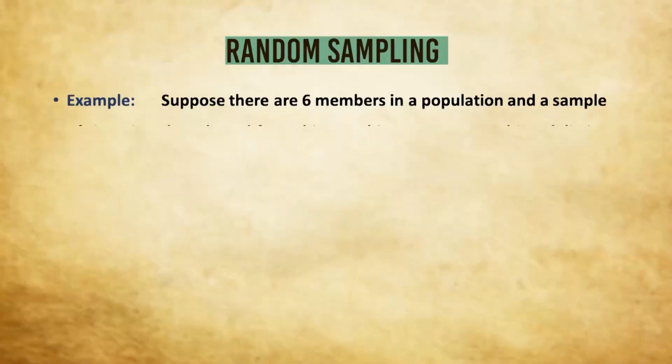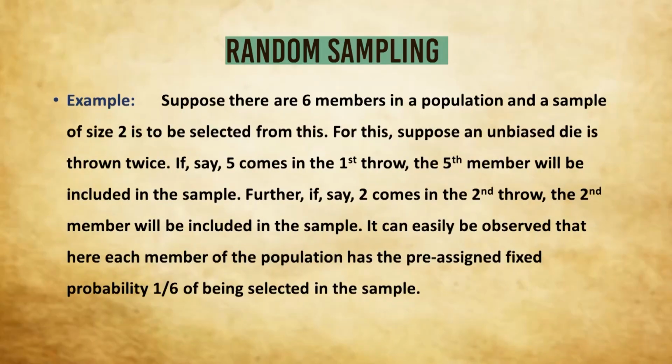We take an example. Suppose there are 6 members in a population and we have to select 2 of them. That means my population size is 6 and the sample size is 2. Now, there are 2 ways of drawing this. Suppose I know 2 of these 6 members well, so I can select those 2 individuals. So can you tell me what kind of sampling will this be?